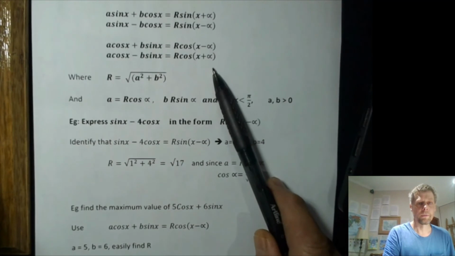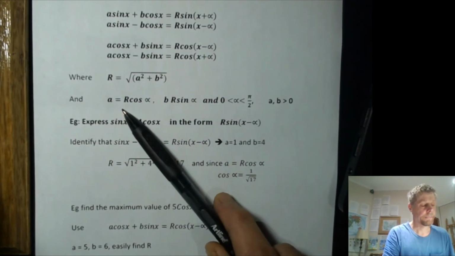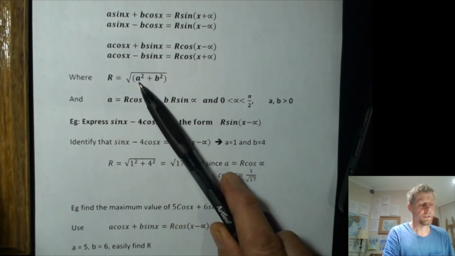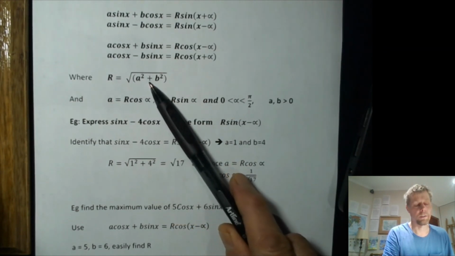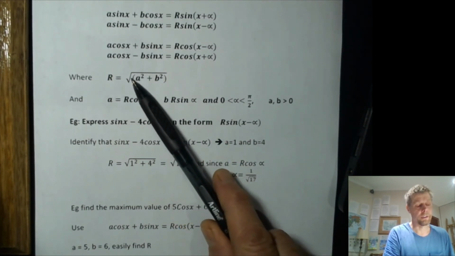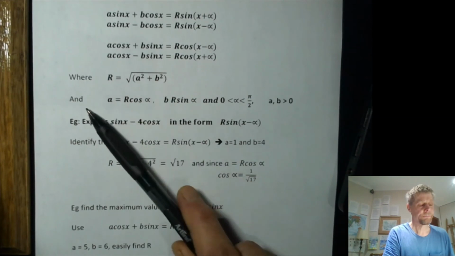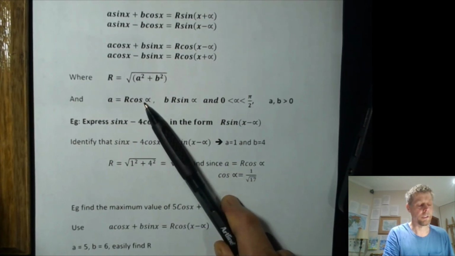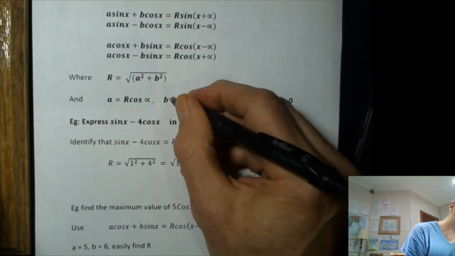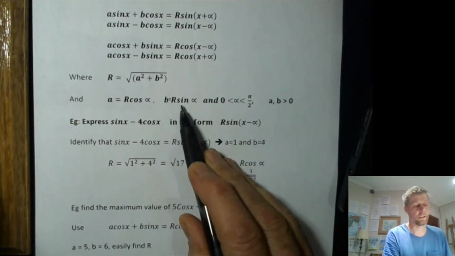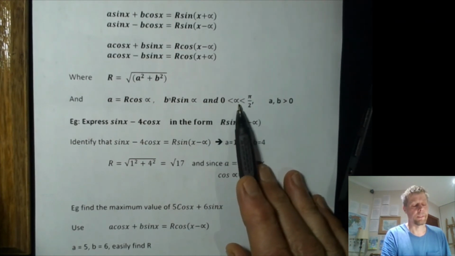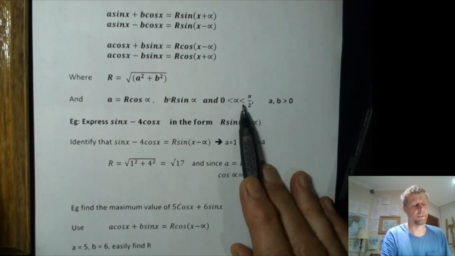And what are r and alpha, using these coefficients here? Well, r is the magnitude of the vector a and b. So r is just the square root of a squared plus b squared, and a equals r cos alpha, b equals r sine alpha, and alpha has to be an angle between 0 and 90 degrees, that is, pi by 2.